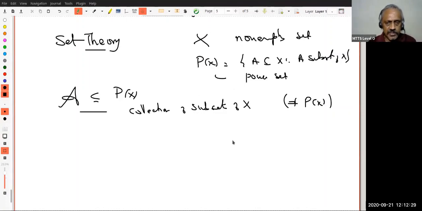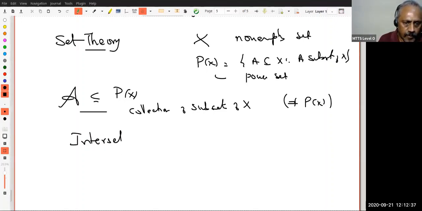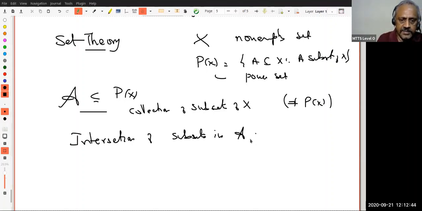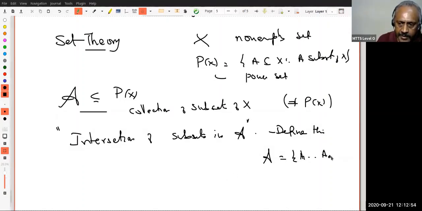Because if you are a second year BSc student, these things should become a little more familiar. Now I want to define the intersection of subsets in the collection script A. Suppose my script A consists of only A1 to An.